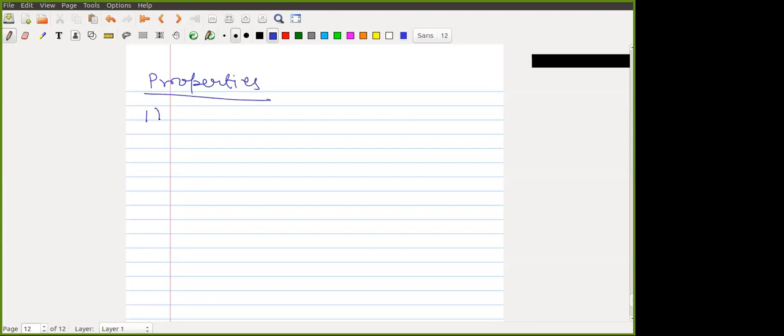One first property is, suppose f(n) is order g(n) and g(n) is order h(n).